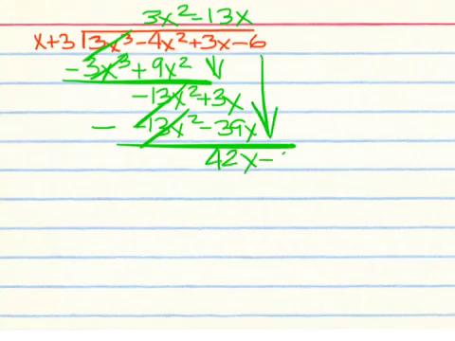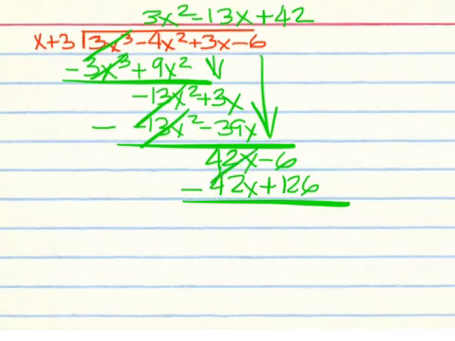Drop the minus 6. What do I multiply this by to get 42x? And that would be 42. So 42x plus 126. Subtract, cancel, and end up with a negative 132 at the end.